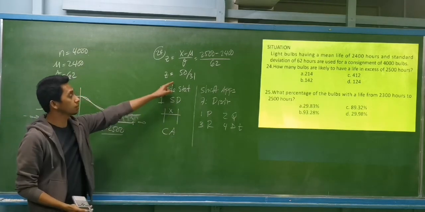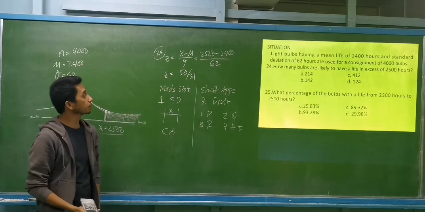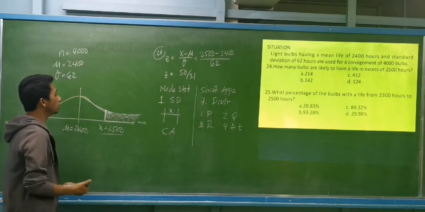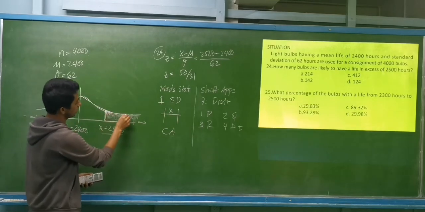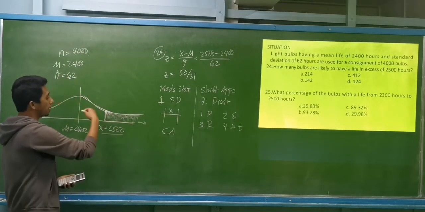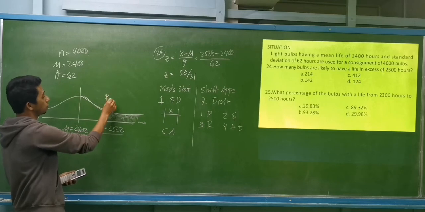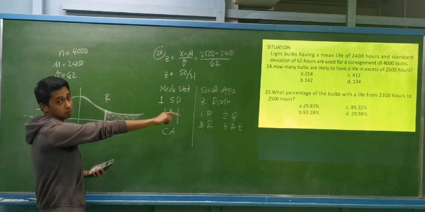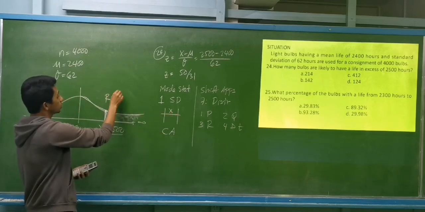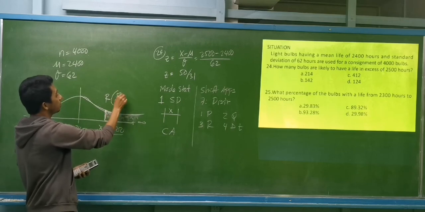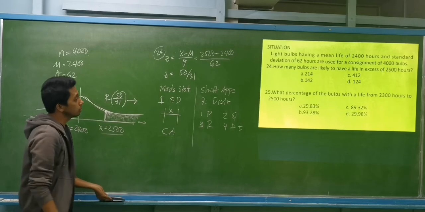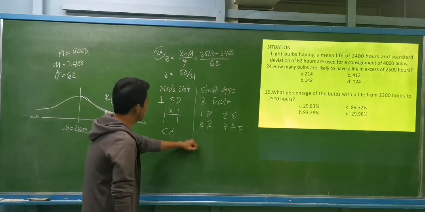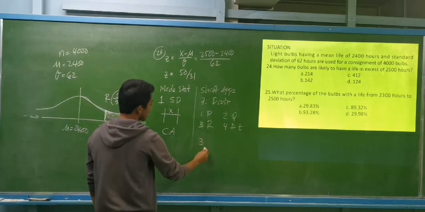Okay, pero yung equivalent pala ng Z is ito, 50 over 31. Tapos, pakanan yung kukunin natin na area. Area under the curve. Kapag pakanan, ang gagamitin natin dito is yung R, which means to the right. Okay? To the right. So, this is yung R of 50 over 31. Ito yung kinukuha natin. So, we are choosing number 3.